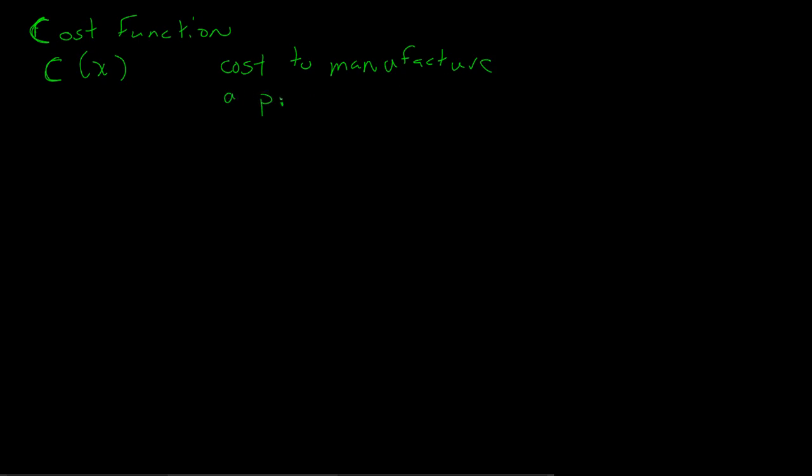happens a lot in business, where we'll have a cost function, which will make C of X, which is the cost to manufacture a product per unit, and the unit will be X. Okay.